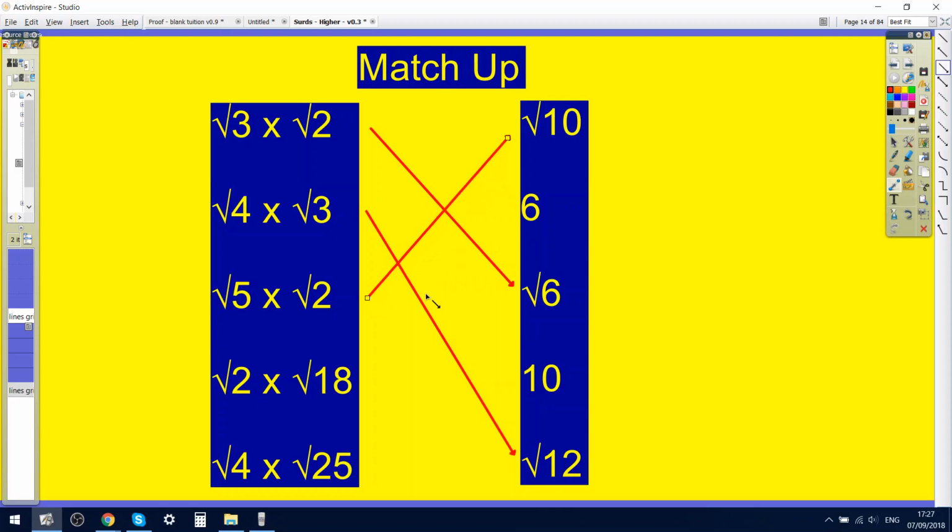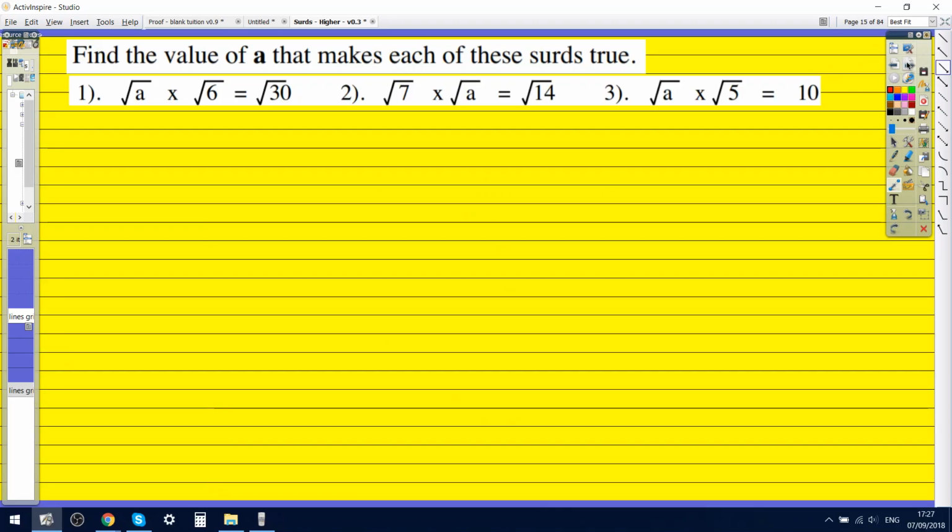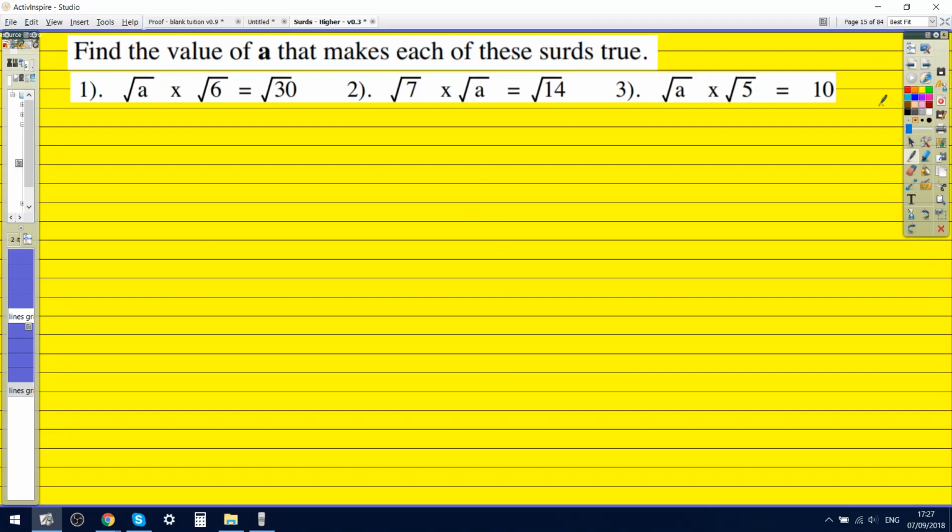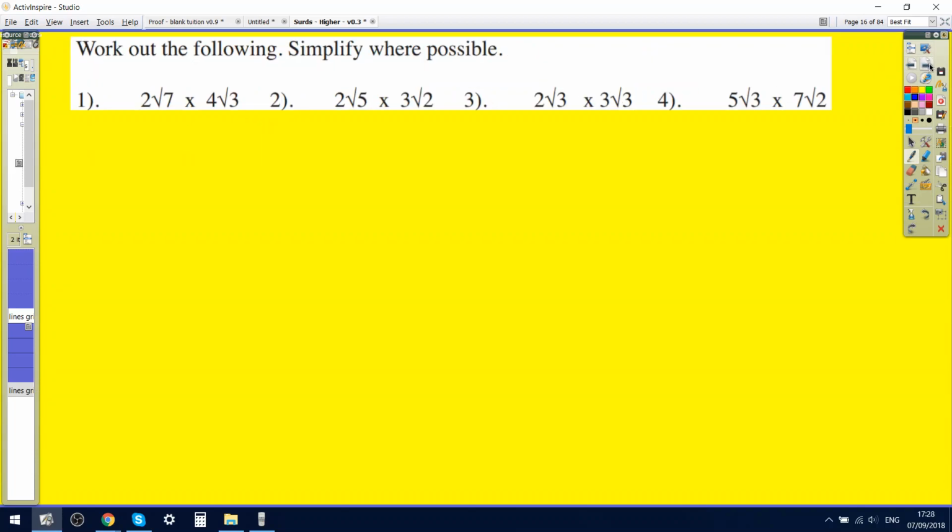Then 6. Say it again. 6. Yeah. And the next 10. Yeah, well done. Okay, got it. Okay, what is the missing number for each? 5. Yeah, I think you're fine for those.